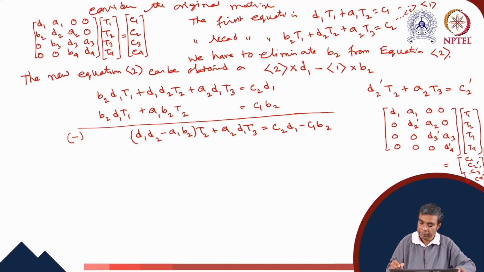In this upgraded equation, the row reduced upper triangular or upper bidiagonal matrix gives us d2 dash t2 plus a2 t3 equals c2 dash.